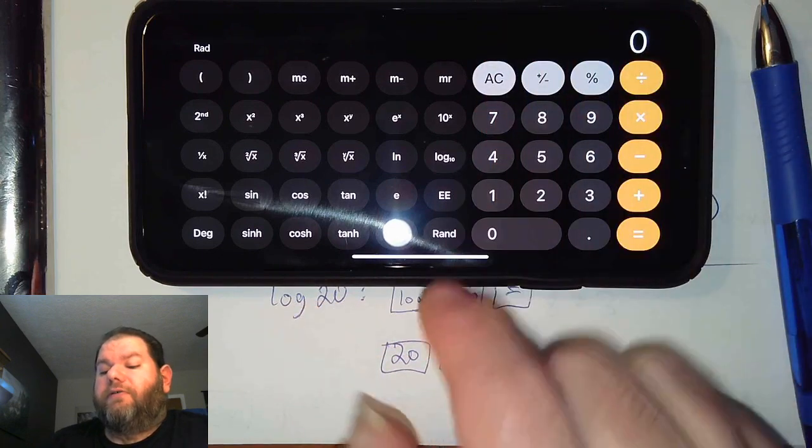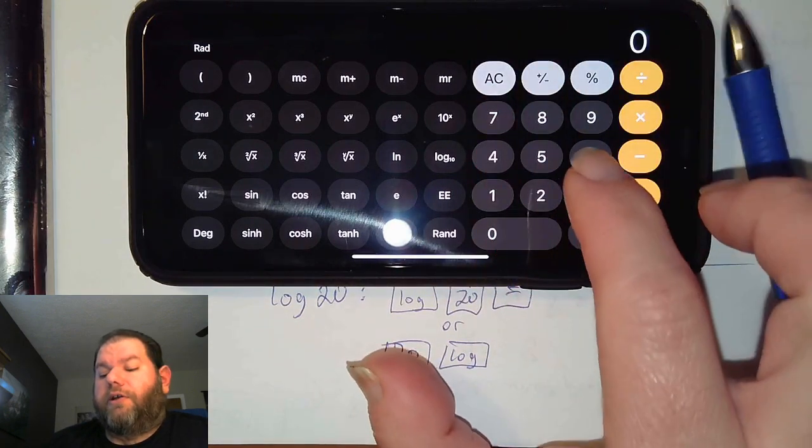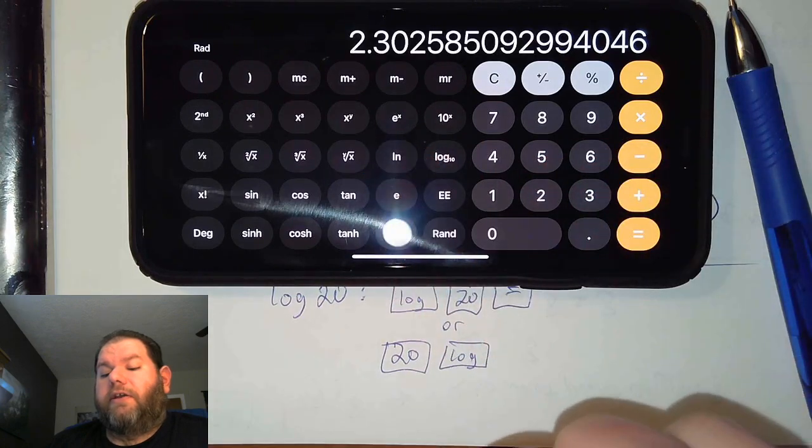Notice if it just says 0 there and you press log and it says error, it means you tried to take the log of 0 and it throws back an error. We'll talk about why in a little while. But if you press log and it gives you an error, that means you need to enter the number first. That's generally how we tell the difference there. So, if we wanted natural log of 10, we'd press 10 and then ln, and that would give us our answer.